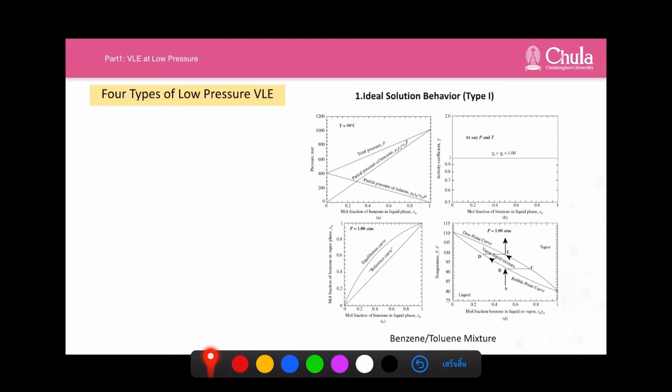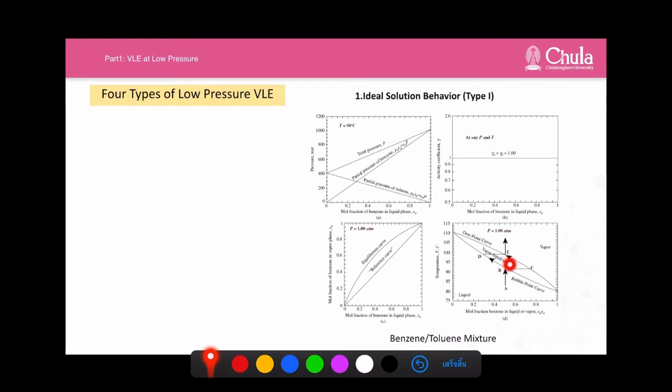If we start from here, our solution with a benzene mole fraction of 0.5, half benzene and half toluene, we keep pressure constant and increase the temperature until it reaches this bubble point curve. Our system reaches the bubble point.